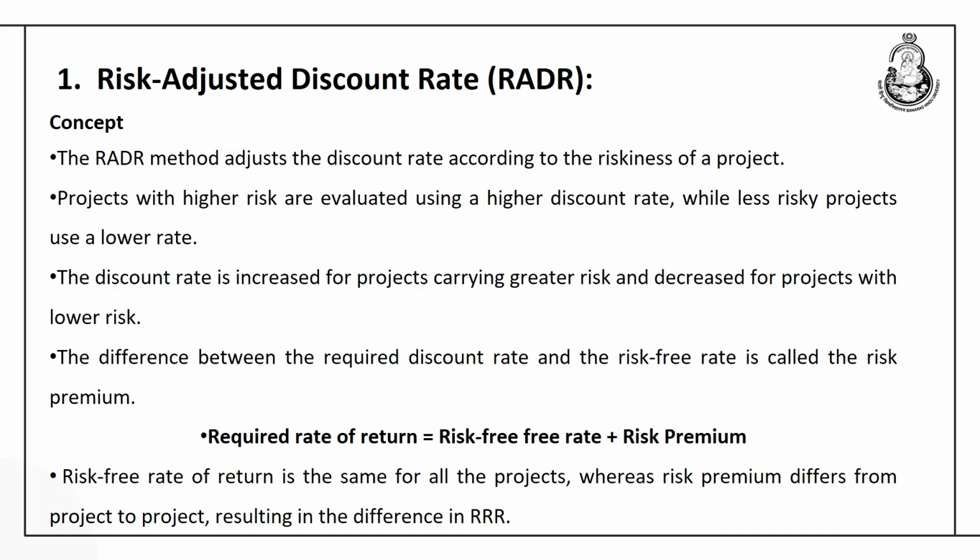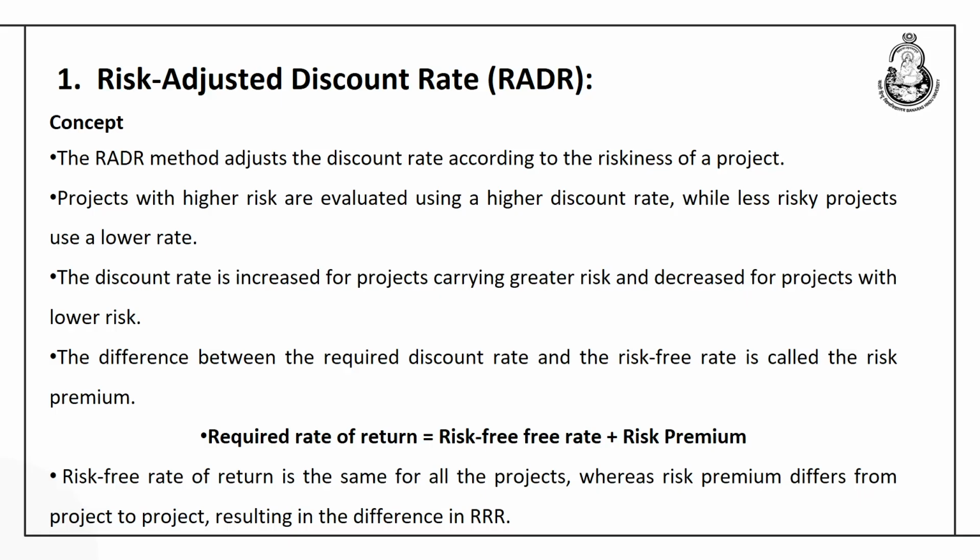So, in order to summarize, let us say what is RADR. The RADR method adjusts the discount rate according to the riskiness of a project. For a higher risk, the projects are evaluated using a higher discount rate, while less risky projects are discounted utilizing a lower rate. Now, the discount rate would be increased or decreased depending upon the nature of the project in terms of its riskiness.